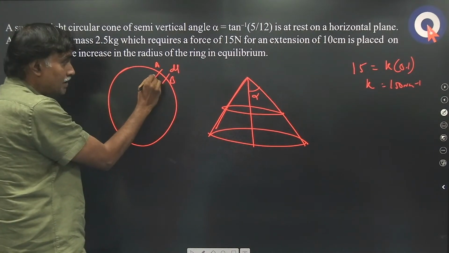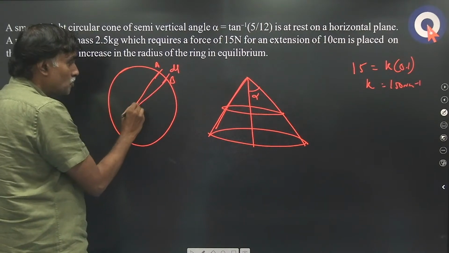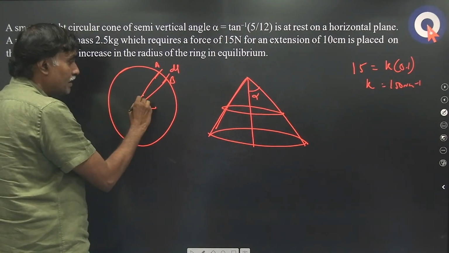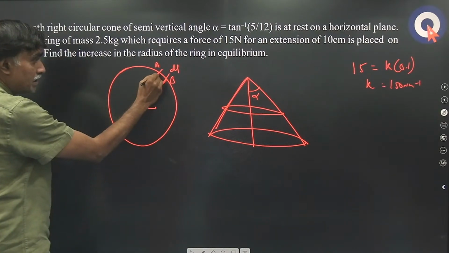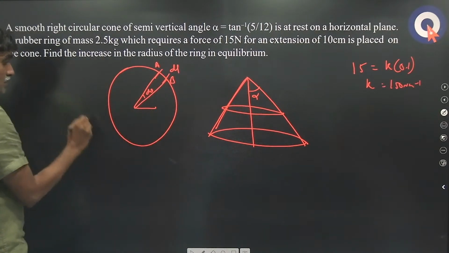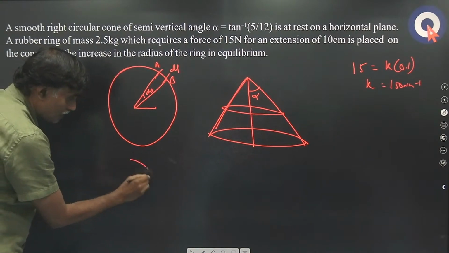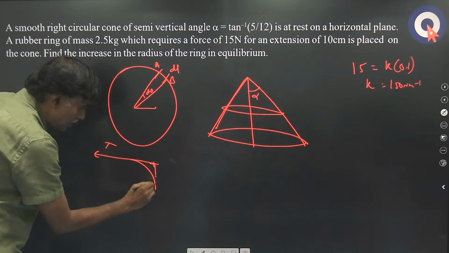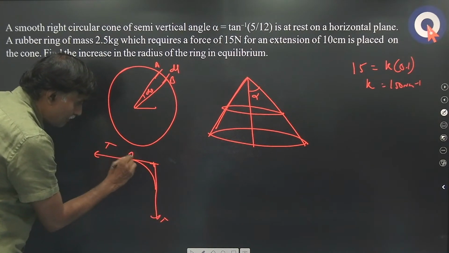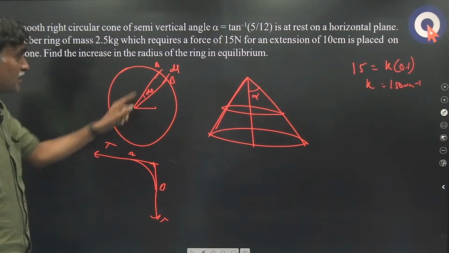On the small length, what is the net force due to tension? If it subtends an angle d theta at the center, then if tension here is T and tension here is T, such questions will come many times. So tension is in this direction, and in this direction, at A and B. We have considered a very small arc.